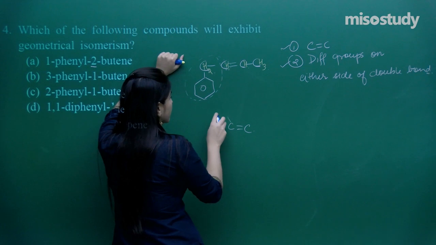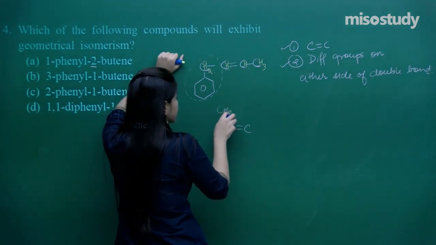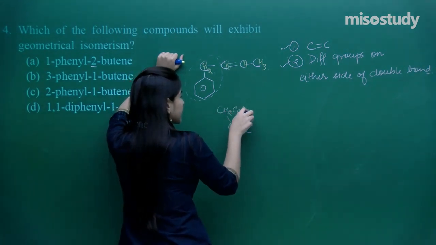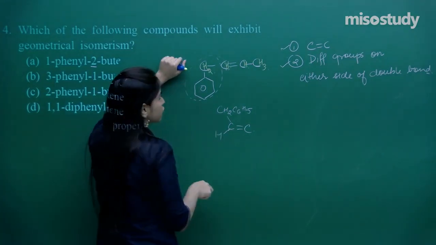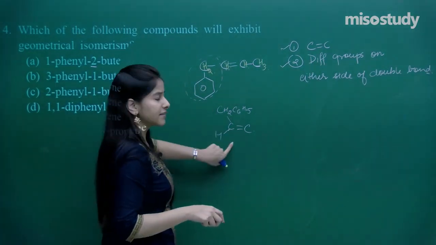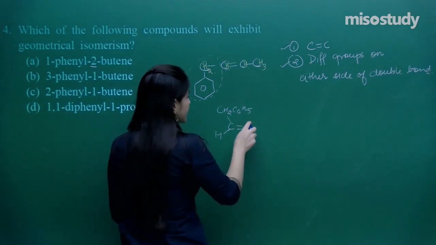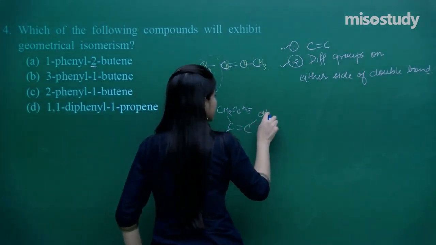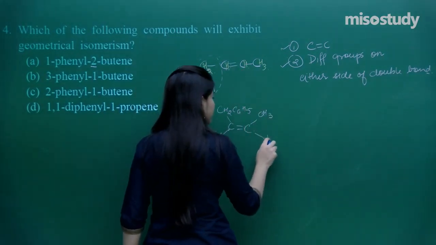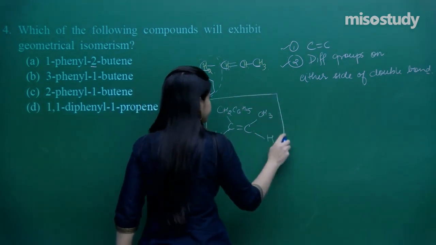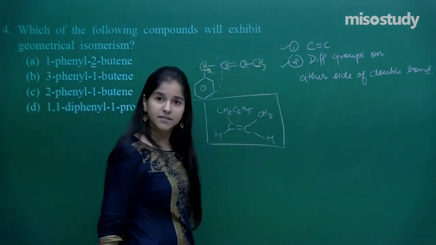That means we get CH2C6H5, I am writing this phenyl as this, and a hydrogen. Can you represent this like this? Definitely yes. Now I have got CH3 and one more hydrogen over here to represent. So that is what it is.